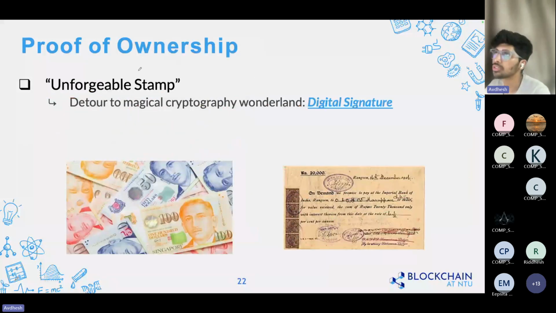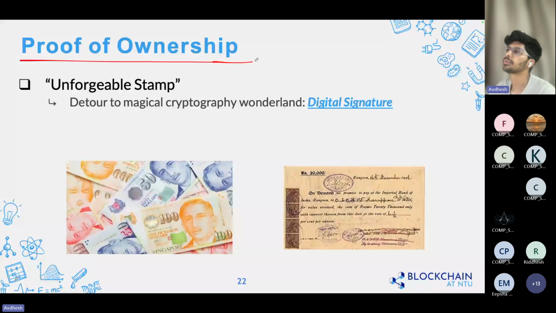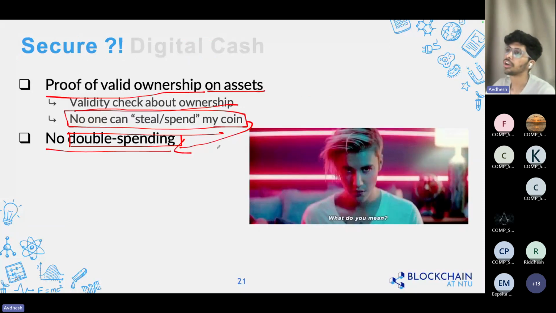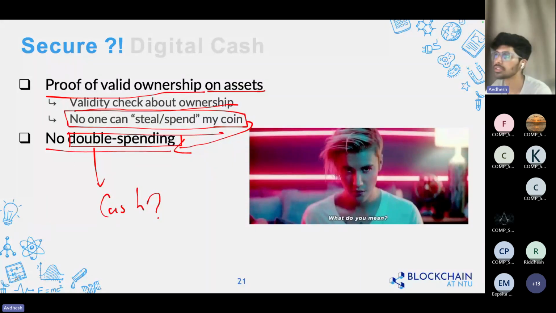So how do you say proof of ownership? Oh, by the way, I have a question. Do you think double spending happens with cash as well? Can anyone say anything from the chat?